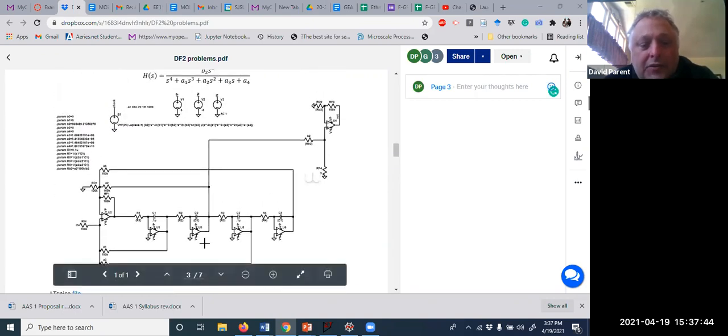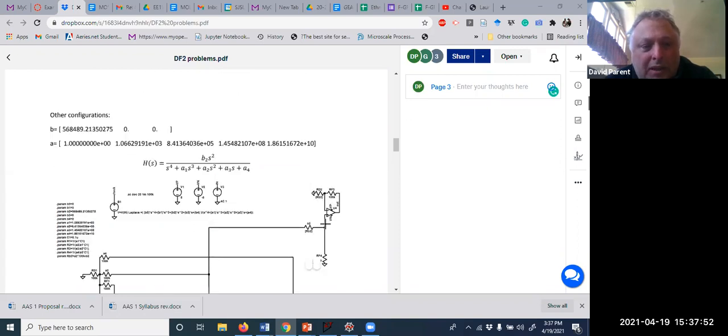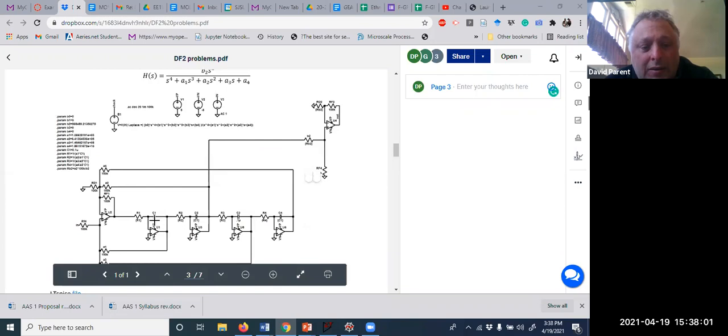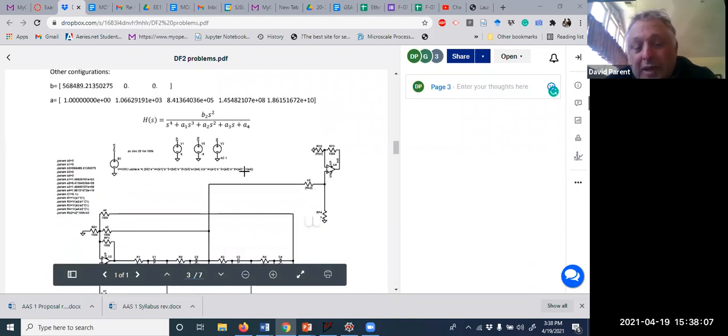No, the notch filter would be adding the high pass and the low pass nodes. Okay. So B naught would be 1, and then B1, 2, 3, and B4 would equal A4. That would make the notch.